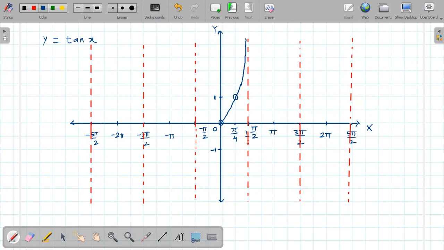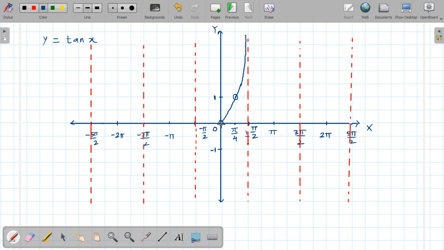So just do not touch the red line and draw this curve like this. So it increases from 0 to pi by 2 up to infinity. For pi by 4, the value of tan is 1, and for pi by 2, tan pi by 2 is infinity. So you just have to show it like this. Do not touch the dotted red line.